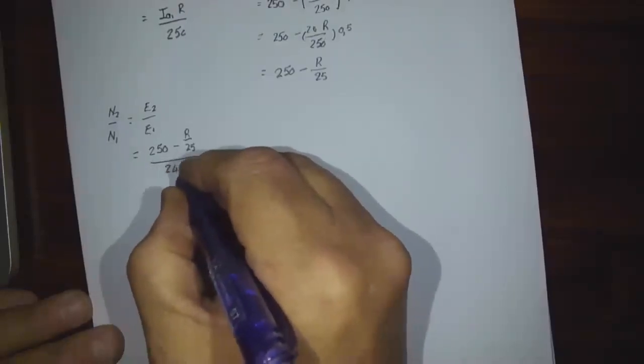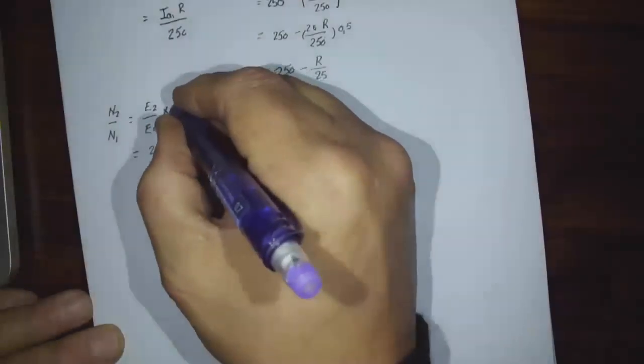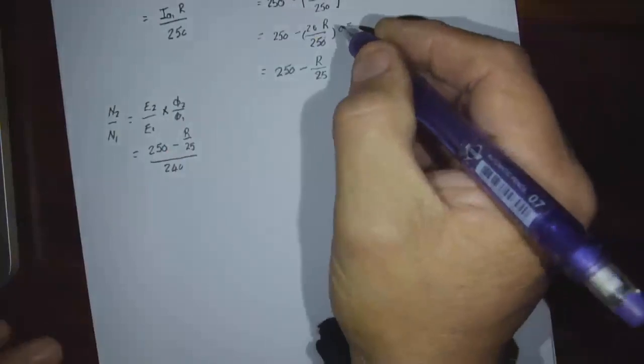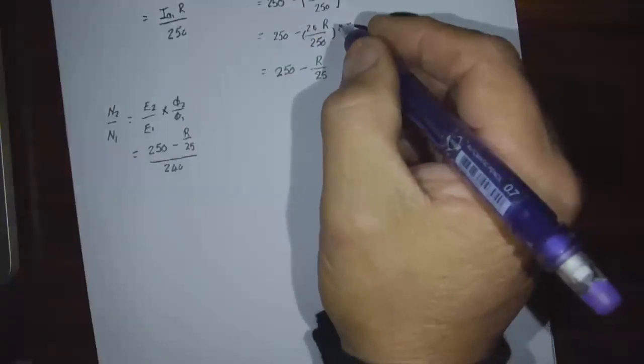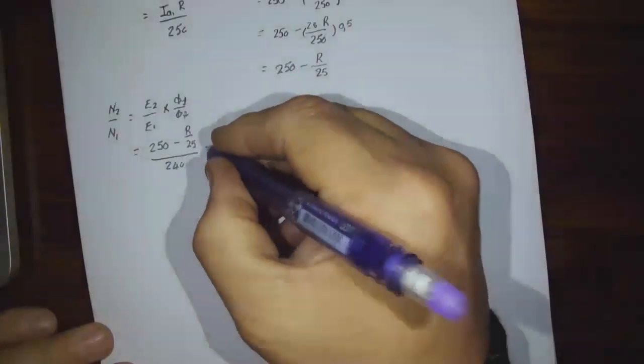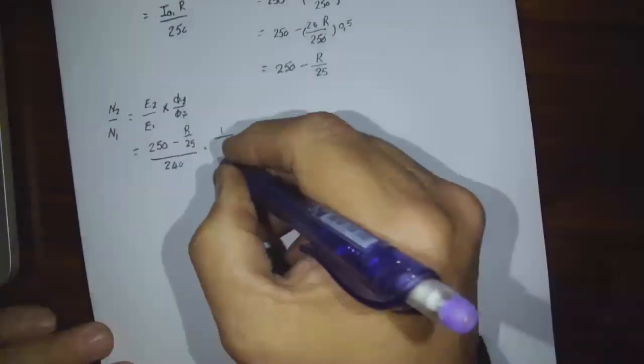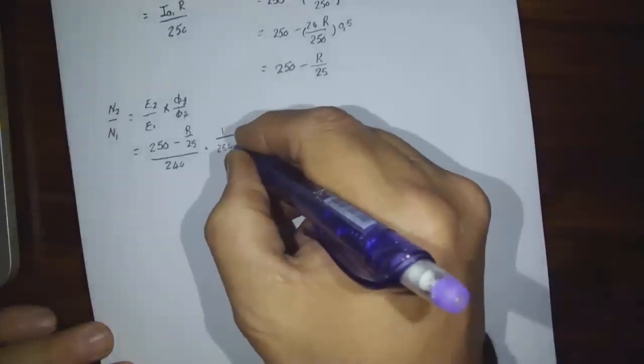Flux 1 over flux 2 means 1 over I field, which was 250 over R. So if you multiply it on top, that's what we get.